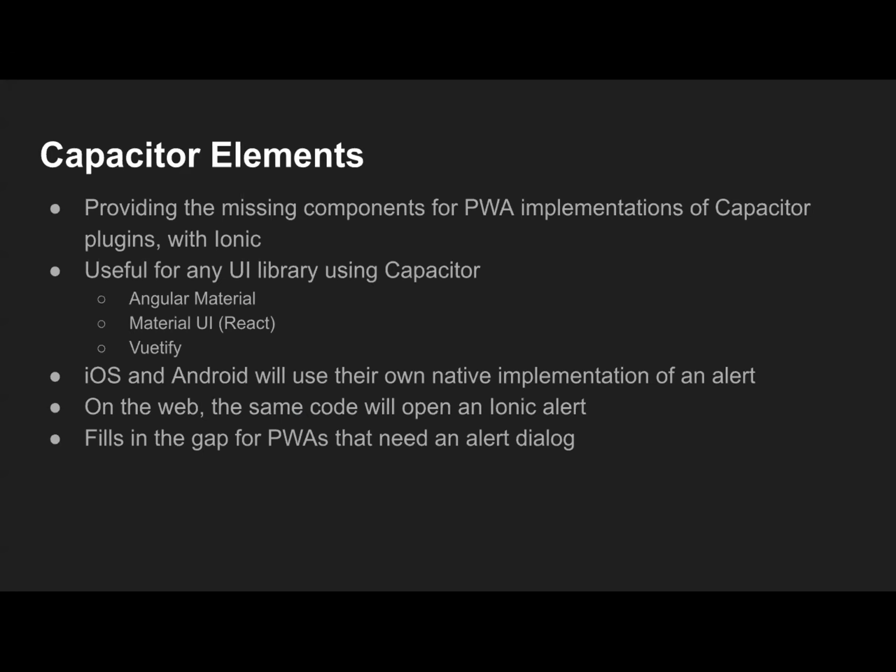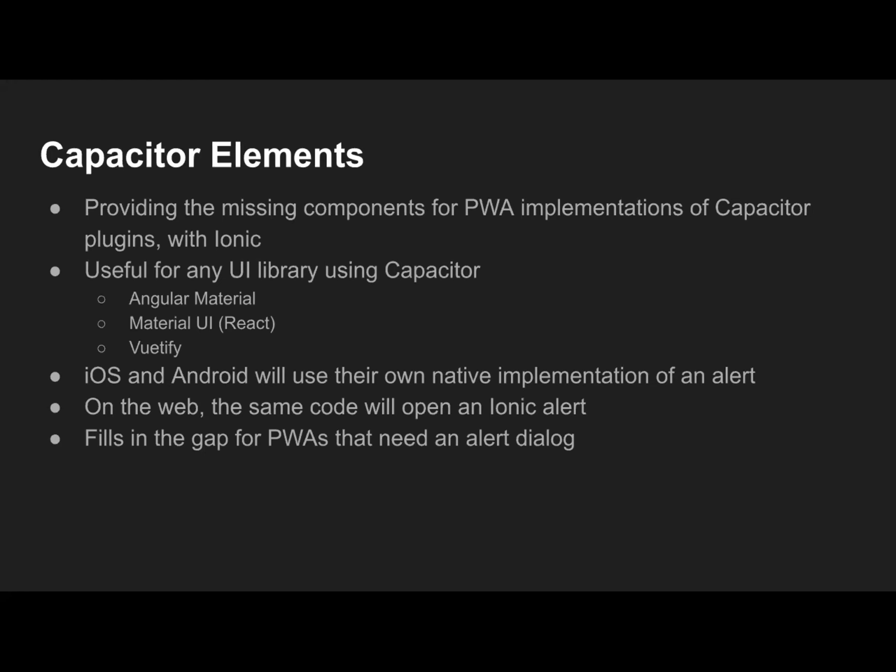So the plan is that basically using Capacitor Elements, you'd be able to use the native app implementations when you're on native, and then when you're not on native, it's going to use the Ionic implementation, which, because it's an individual build, because it's basically framework independent, doesn't have to be an Ionic app to do that. So again, you can have jQuery Mobile for all we know, and if you use this Capacitor API, it would open up an Ionic action sheet.